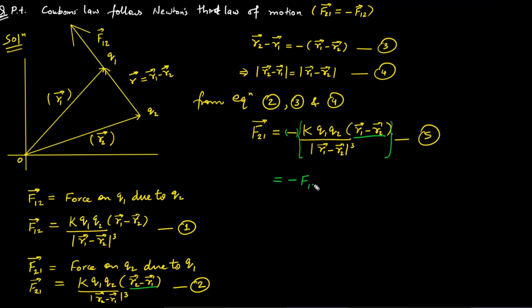So now can I say this is equal to minus of F of 1,2, that is, F of 2,1 is minus of F of 1,2. Yes, sir. So can I say Coulomb's law follows Newton's third law of motion? Yes, sir.